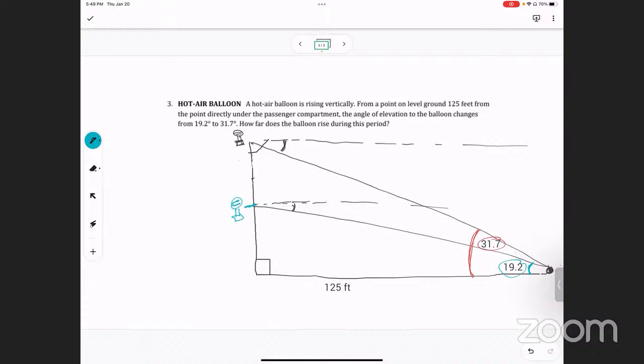Okay. Let me see you write out the equations. All right, so I believe it's going to be, for the first one, 33 tan.